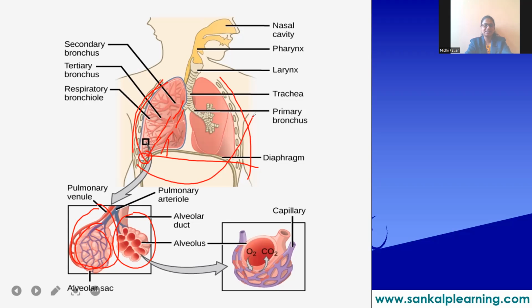Here we have to mainly concentrate on the exchange of gases that takes place through the alveoli by a process called diffusion. Diffusion means the movement of particles from a higher concentration to a lower concentration. You can ask me, why can't all the cells in the body respire through diffusion? We have trillions of cells.